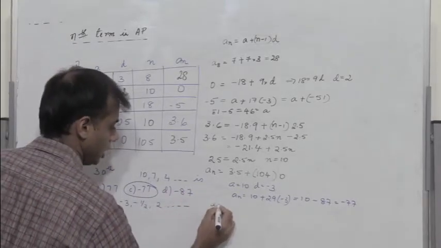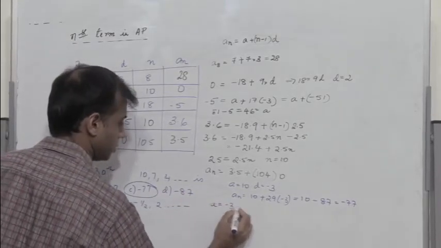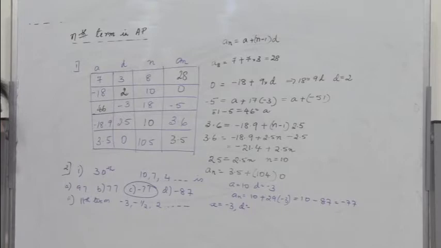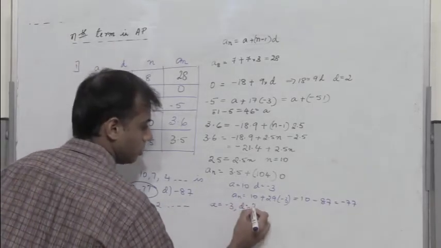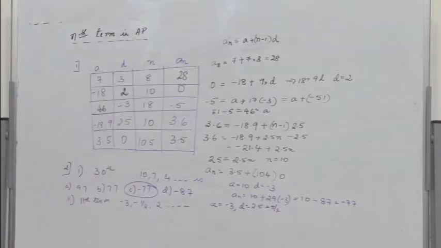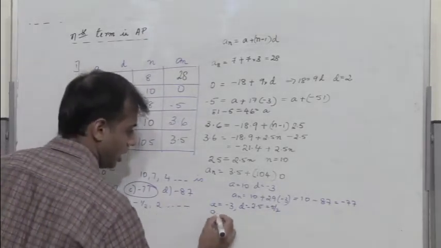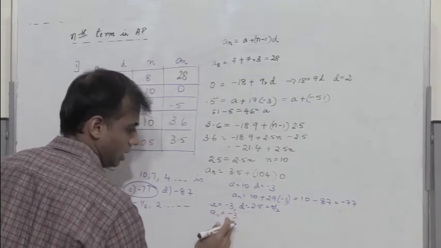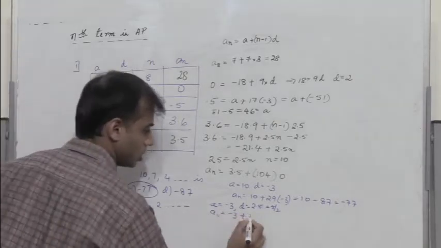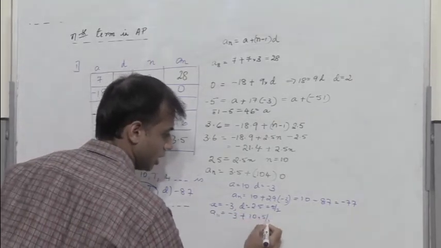So here we know that A is minus 3 and D is minus half plus 3, which is plus 2.5, right? So plus 2.5, or I can write it as 5 by 2, and n is 11. So A11 is A plus n minus 1, 11 minus 1, which is 10, into D, which is 5 by 2.